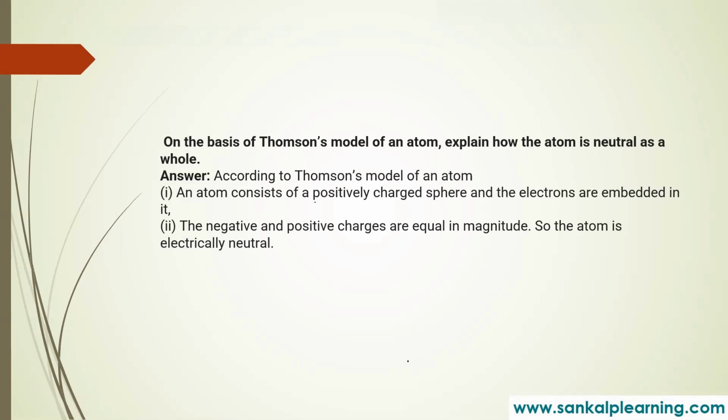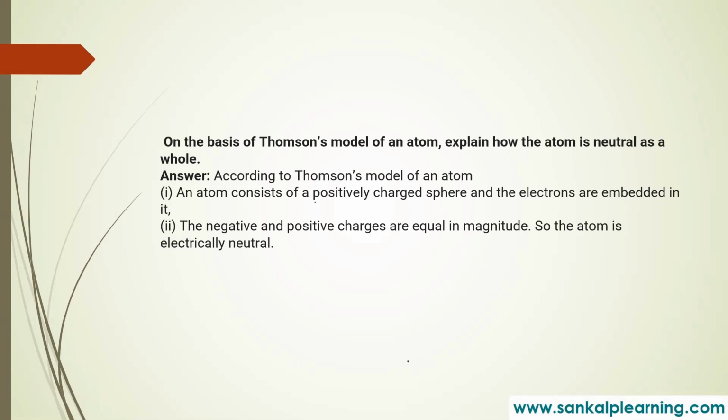According to Thomson's model, an atom consists of a positively charged sphere and the electrons are embedded in it. So the negative and positive charges are equal in magnitude, so the atom is electrically neutral. I hope you remember this.